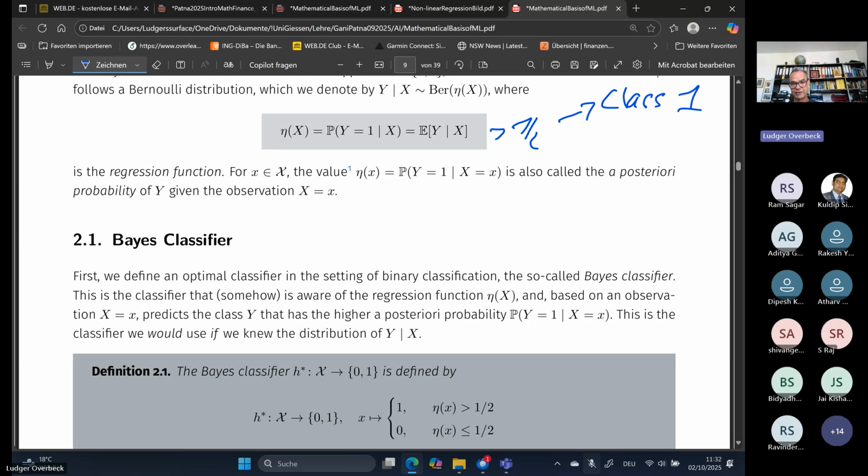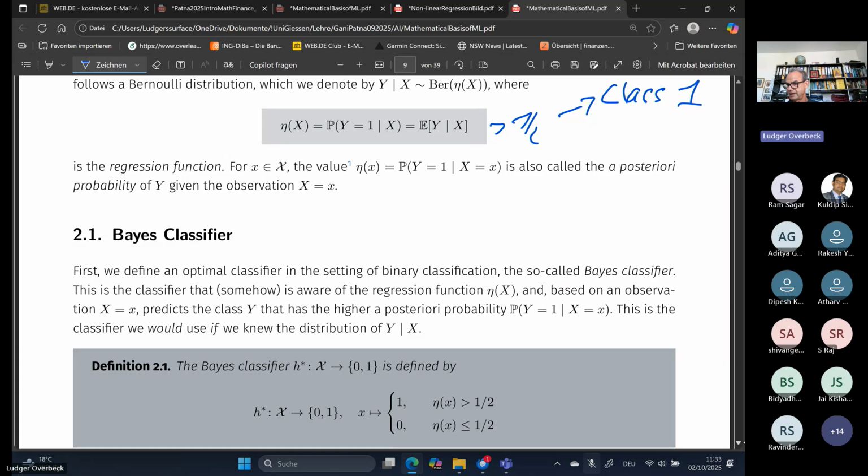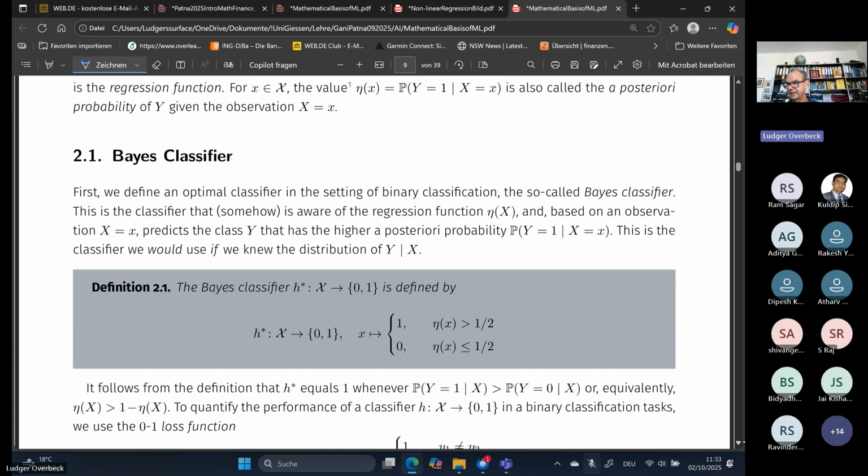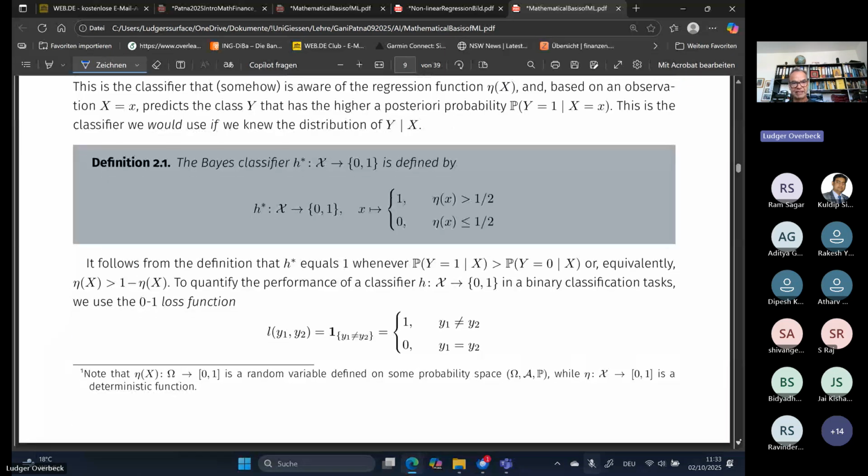So it's also natural, and so this classifier is also optimal. That's called the Bayes classifier. The Bayes classifier classifies in class 1 if the probability of being in class 1 at point x is larger than 1/2.